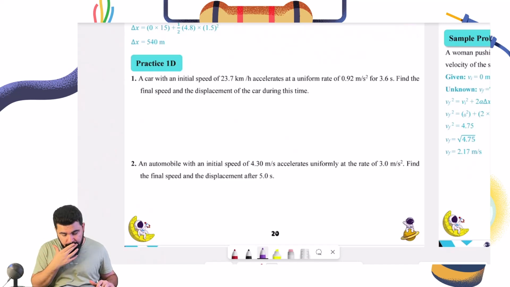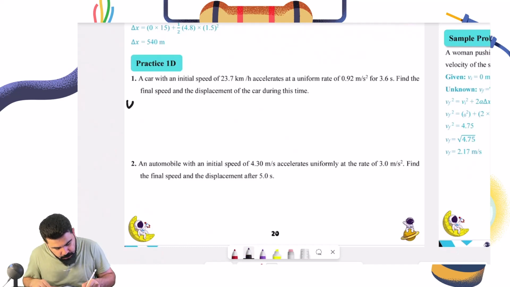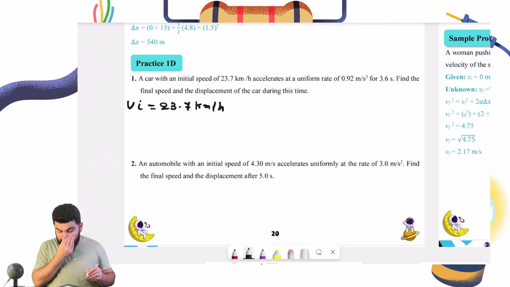Okay, we solved, sorry. And you're going to see, it says a car with an initial speed. You don't have to think about it. It says initial speed, so V initial is equal to 23.7 kilometer per hour. Now accelerate at a uniform rate of 0.92 meter per second squared.